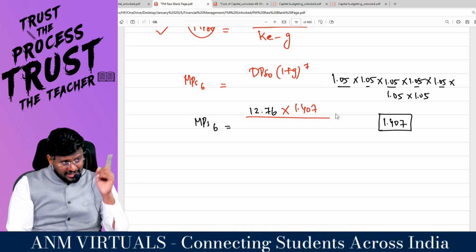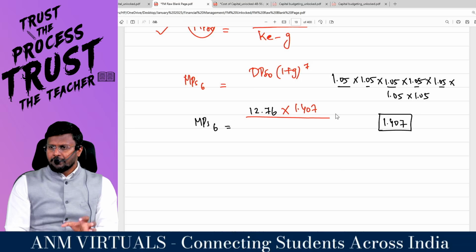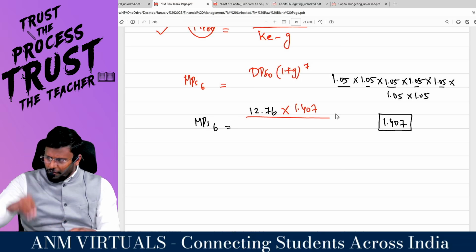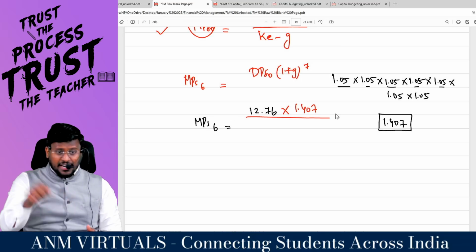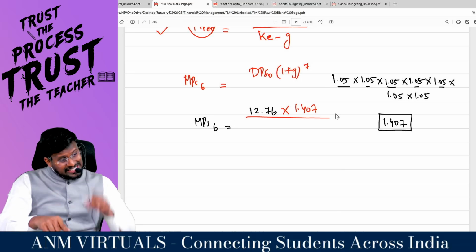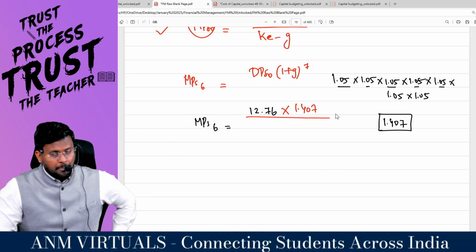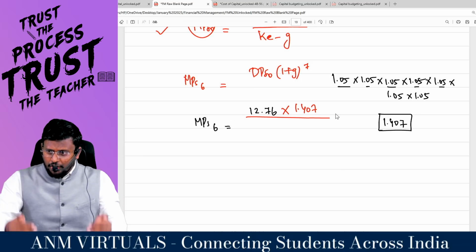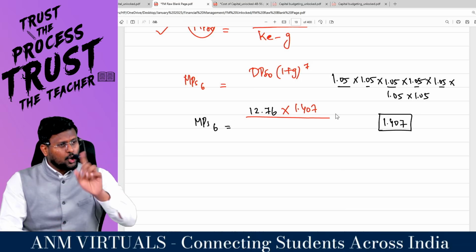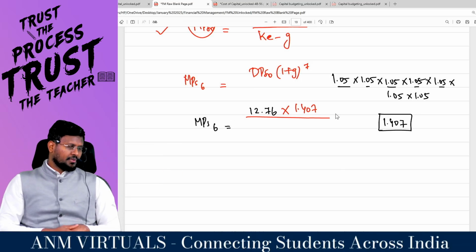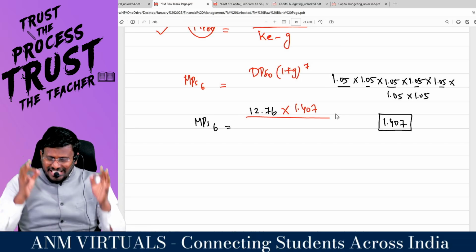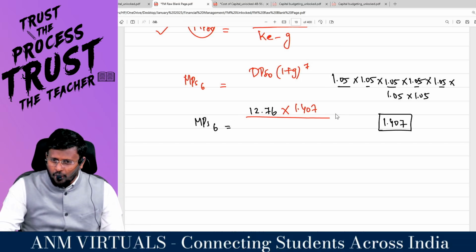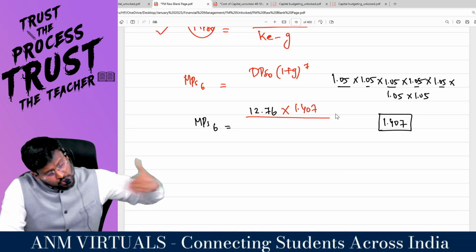Because if I need the market price at the end of the 6th year, I take the 6th year dividend with the 7th year growth rate. For the current year, you take the current year dividend with the growth rate of year 1. Clarity? For year 6, you take the growth rate of year 7, and so on.